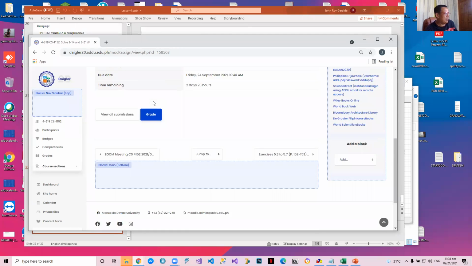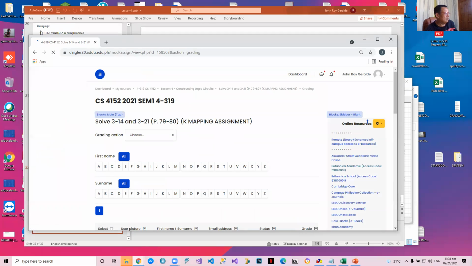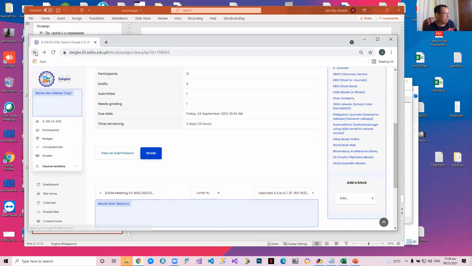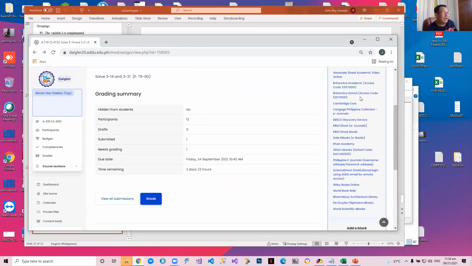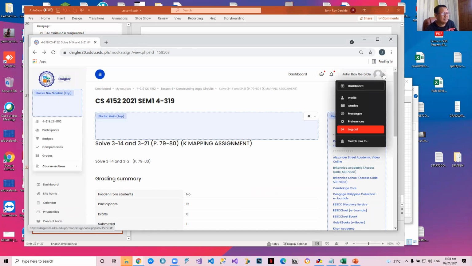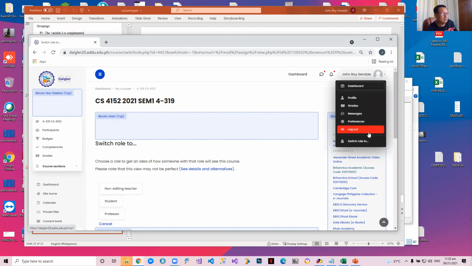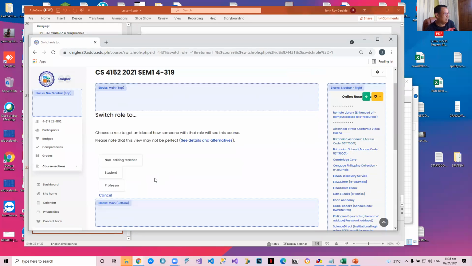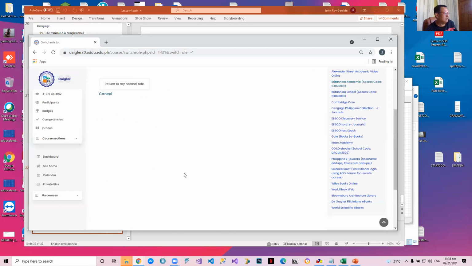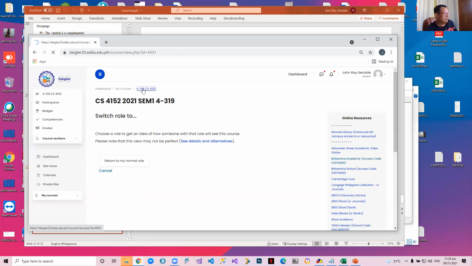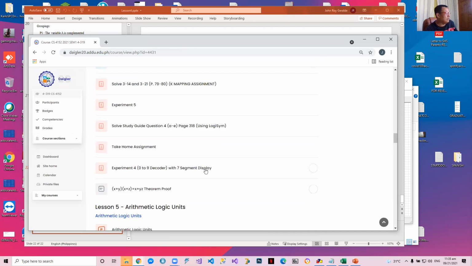Paano ba to? Bakit hindi siya mag-submit? Let me turn my... Hanggang September 24 pa naman, no? Bakit ayaw? Okay. Nandito na rin yan, okay?